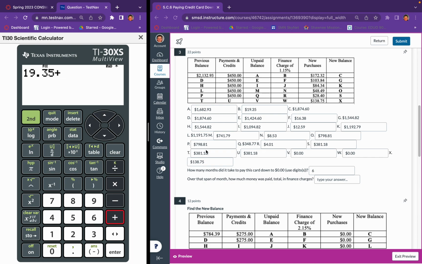F was $16.38. J was $12.59. N was $8.53. And R was $4.01. And the last finance charge would be 0.